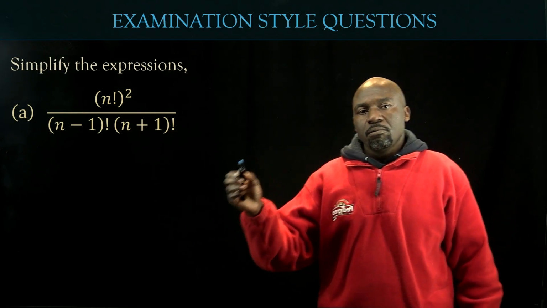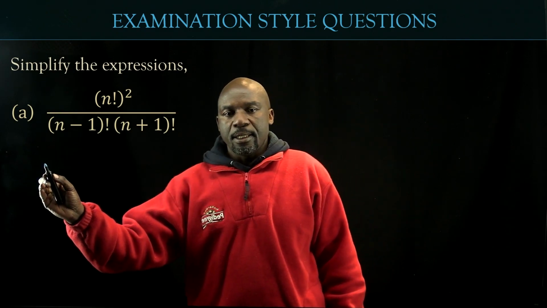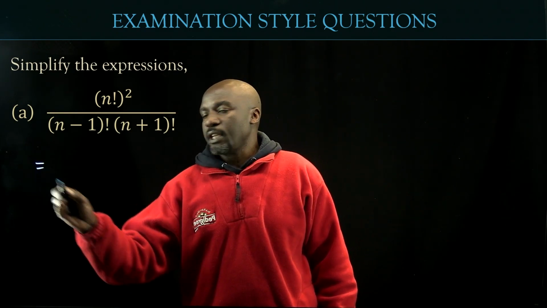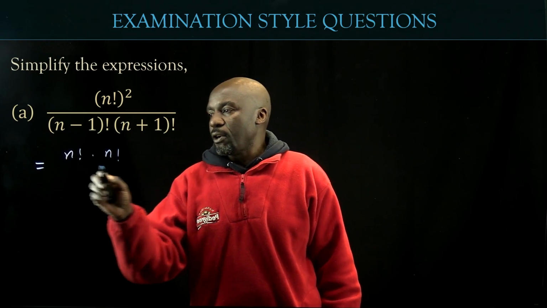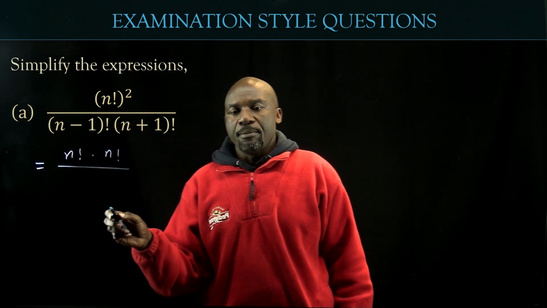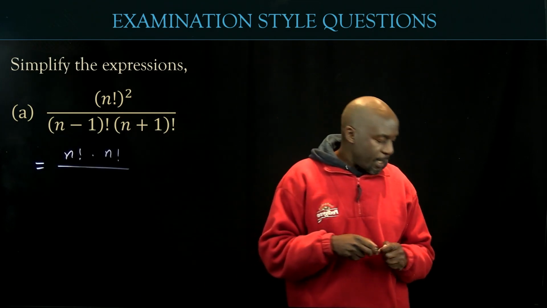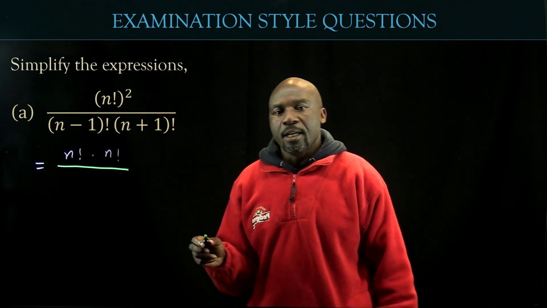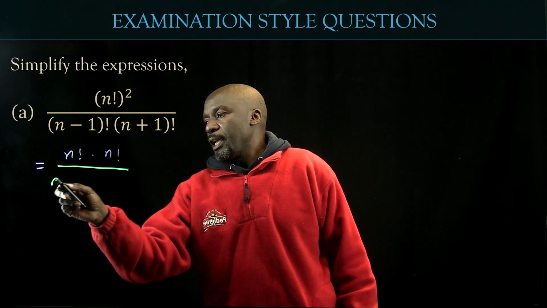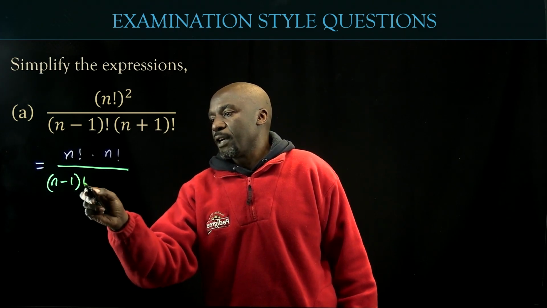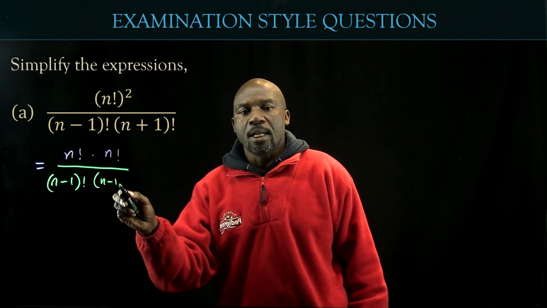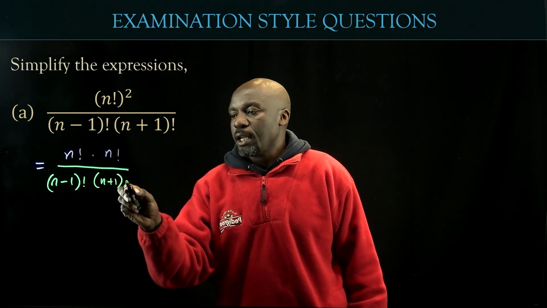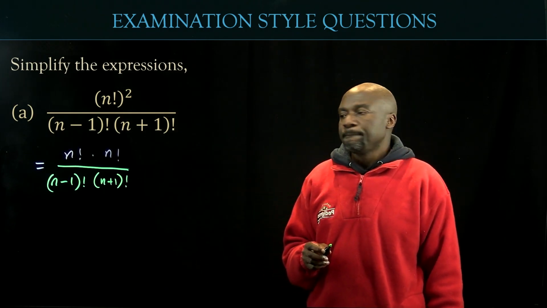Okay, so clearly, since we are solving it by itself, this is n factorial times n factorial in the numerator, divided by n minus 1 factorial times n plus 1 factorial.